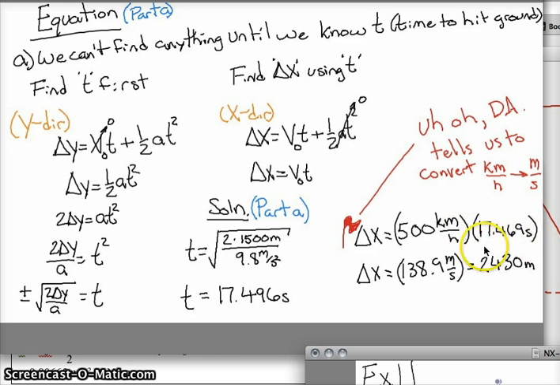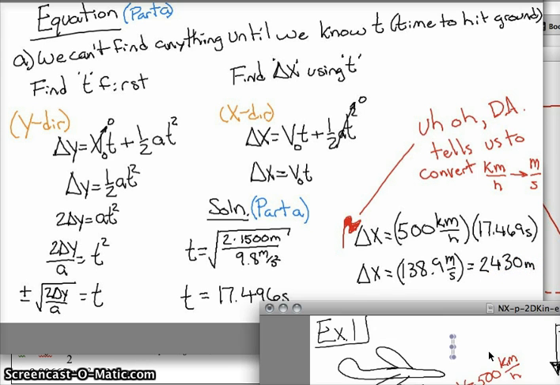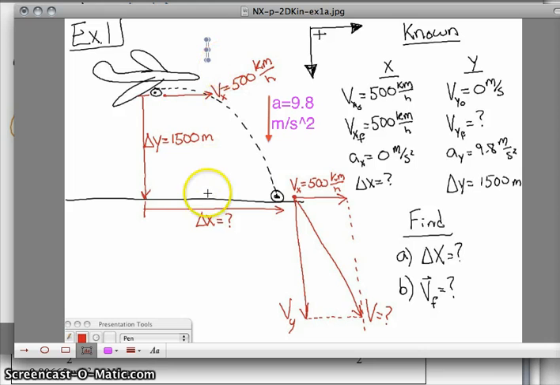Now I could convert this seconds into hours and this would work, and then I'd have units in kilometers, but I chose to convert my kilometers per hour into meters per second, again the MKS system. So once that's said and done, I get 2,430 meters for our delta x. Let me bring that back up here, our delta x is this. So it looks like it's traveling just under 2.5 kilometers actually.